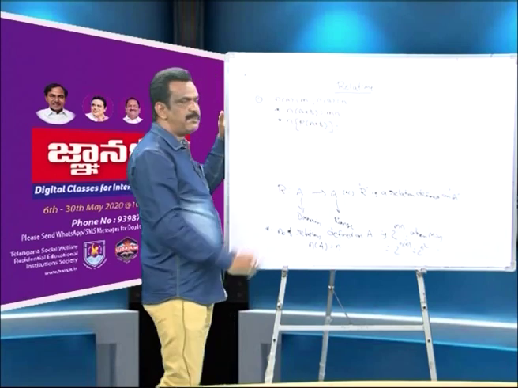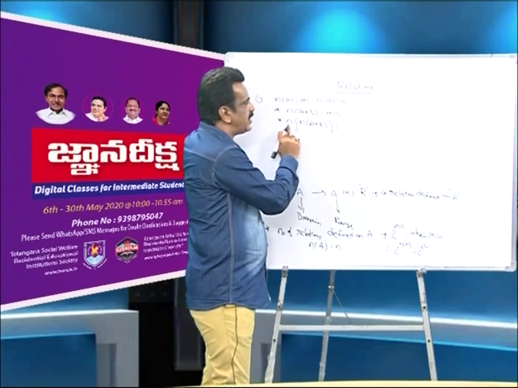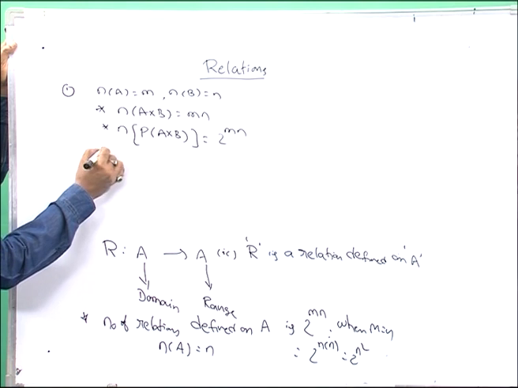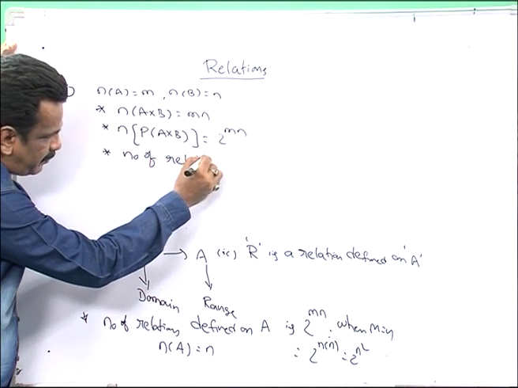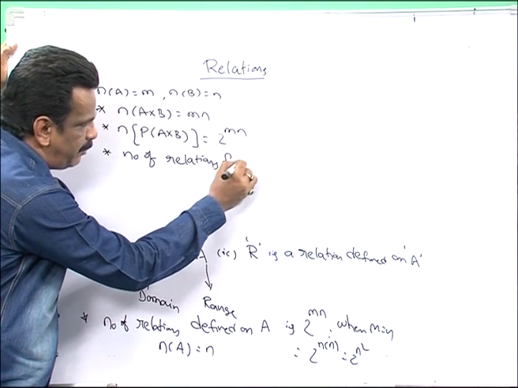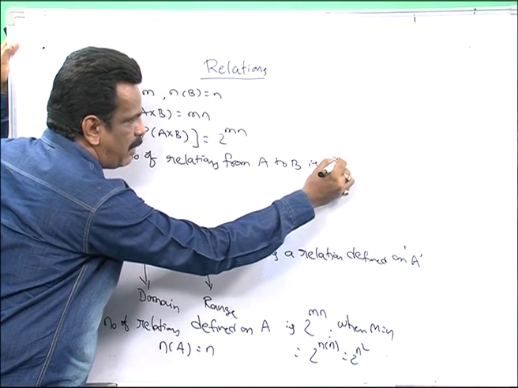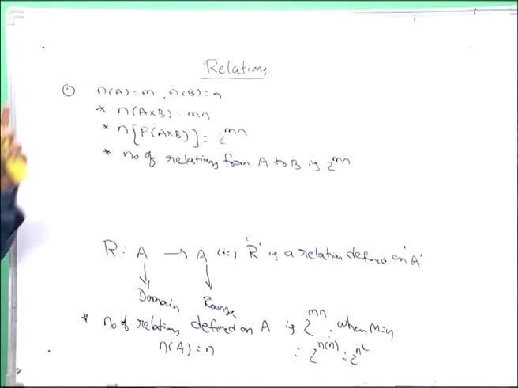P(A cross B) means the power set of A cross B, and n(P(A cross B)) means the number of subsets of A cross B. It is found to be 2 power mn, and the number of relations from A to B is also 2 power mn, because every relation is a subset of A cross B.